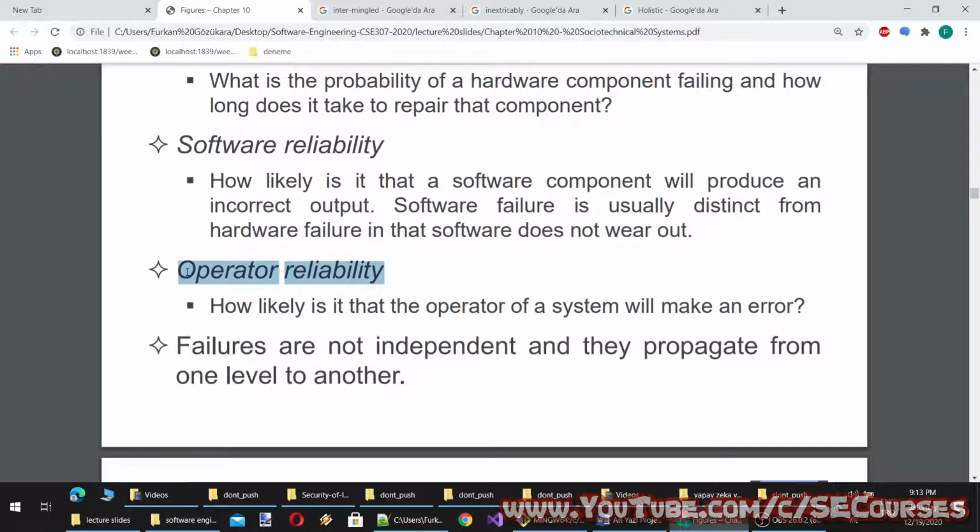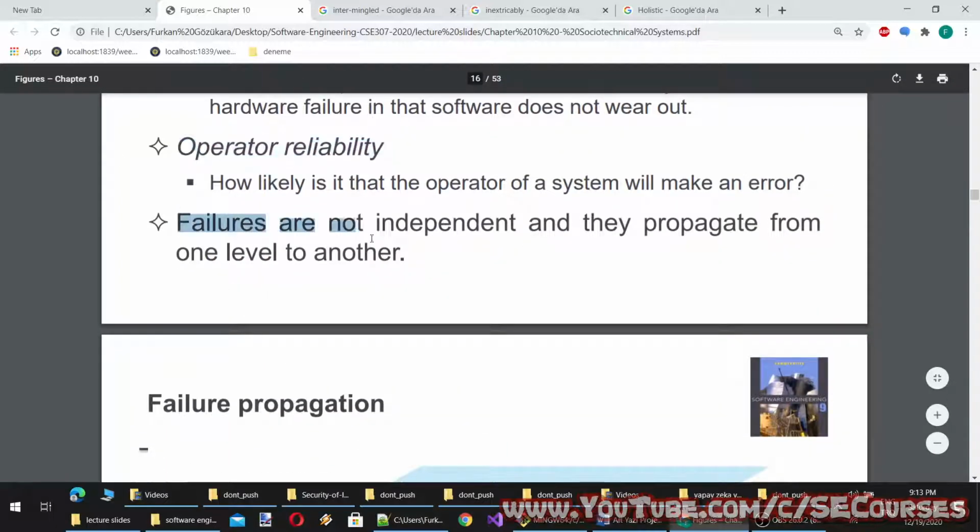Therefore, systems usually do not have any weaknesses, vulnerabilities, exploits, and such. However, operators may always make an error, a mistake. They can be deceived, and even though you have a bulletproof system, if your operator makes a mistake, your system will make a mistake, produce errors, and will fail.